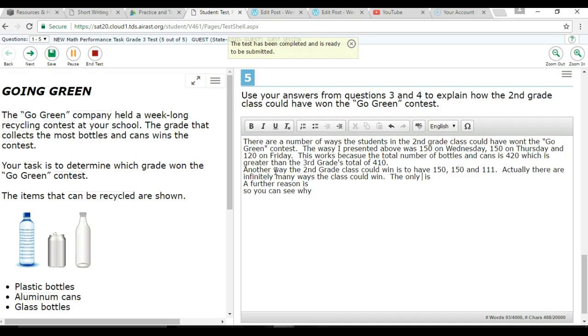The only requirement is that the total number of bottles and cans be greater than 410.